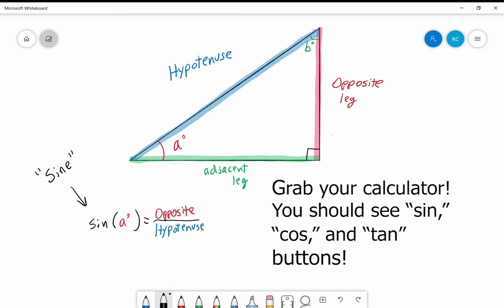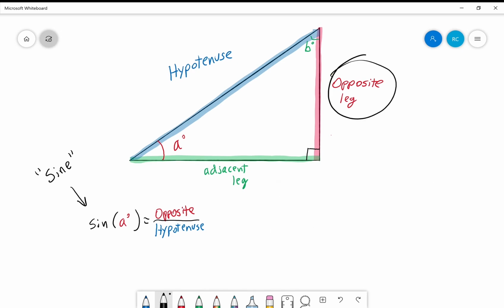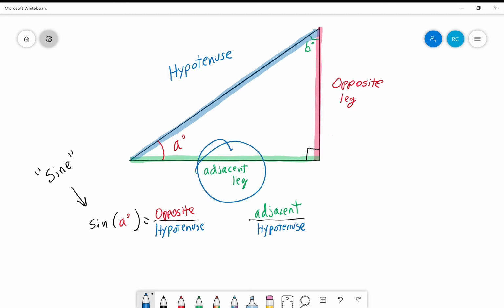Okay, so that's just one pair, though. That's just one ratio. That's the opposite leg divided by the hypotenuse. We've got other pairs that we can work on. We've got other ratios. What about taking the adjacent leg and finding the ratio between that and the hypotenuse? Well, we have another name for that.